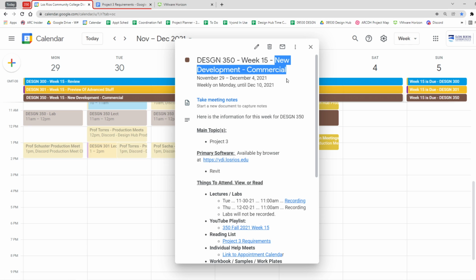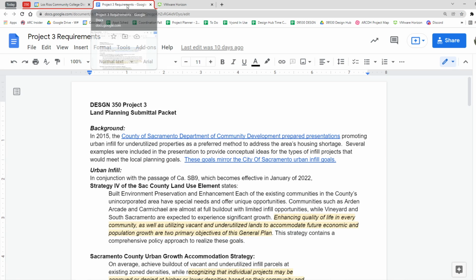So I thought I'd just go over the project requirements again, just very briefly, and then show you an example so that you've got an idea of what is expected as a full complete project for this one.